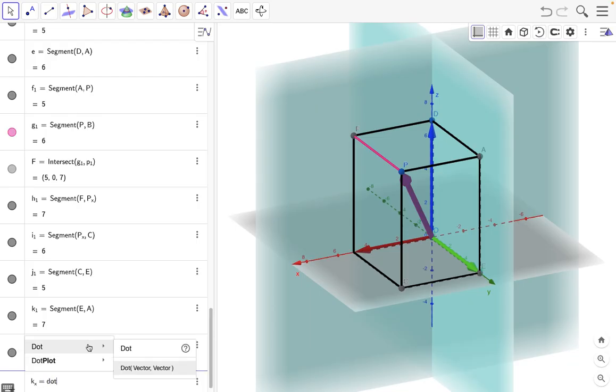After writing that, you can see that dot will have 2 arguments, vector, vector, that means 2 vectors are required for this dot product. So we will select that option, then vector 1 and vector 2. Initially vector 1 we will select as P, and the next vector we will select as 1 0 0, that is the unit vector along the x direction. Or we can write simply unit vector. There is another command, unit vector.